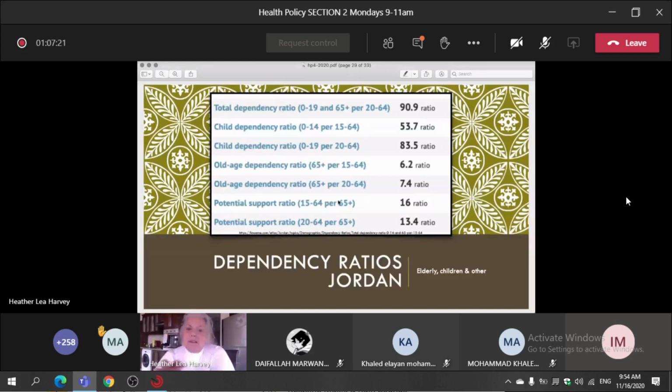And then it talks about something called a support ratio. The support ratio is about people who don't need full support, who are not fully dependent on others. Think about an assisted living facility. These have become very common in the US. In other words, as I become older, maybe I need handrails that help me get around.